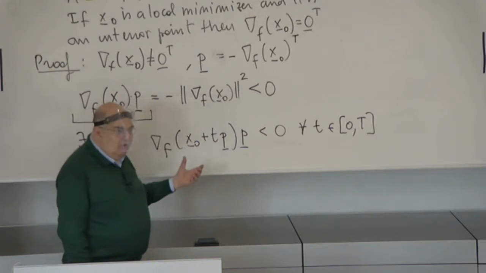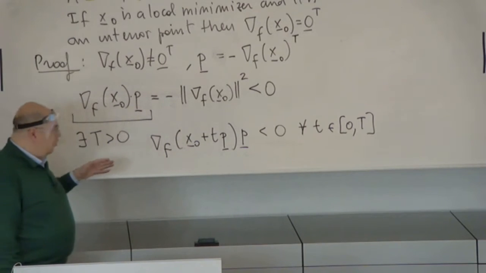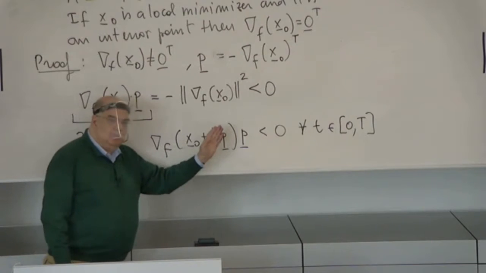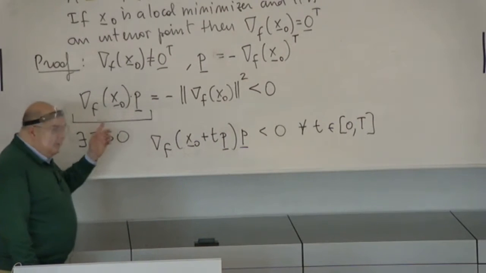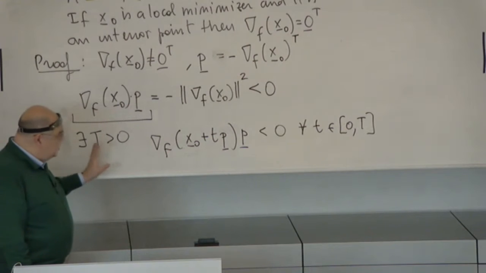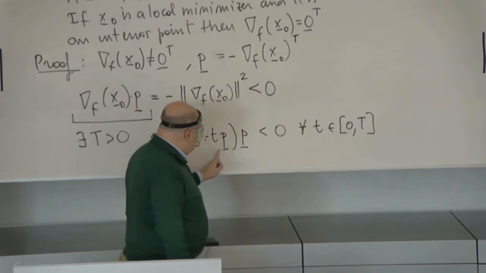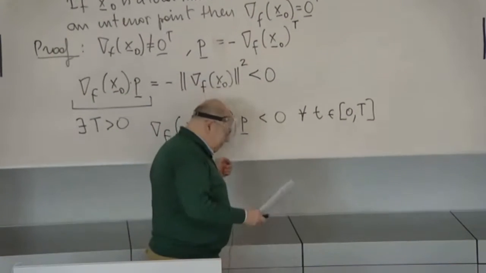Of course, this is true locally, so we can't say for every t. You move from x0 along the direction p, but at some point probably the inequality will become false. But there exists a capital T, could be small, but that doesn't matter, such that if you stay close to x0, then this is still true.